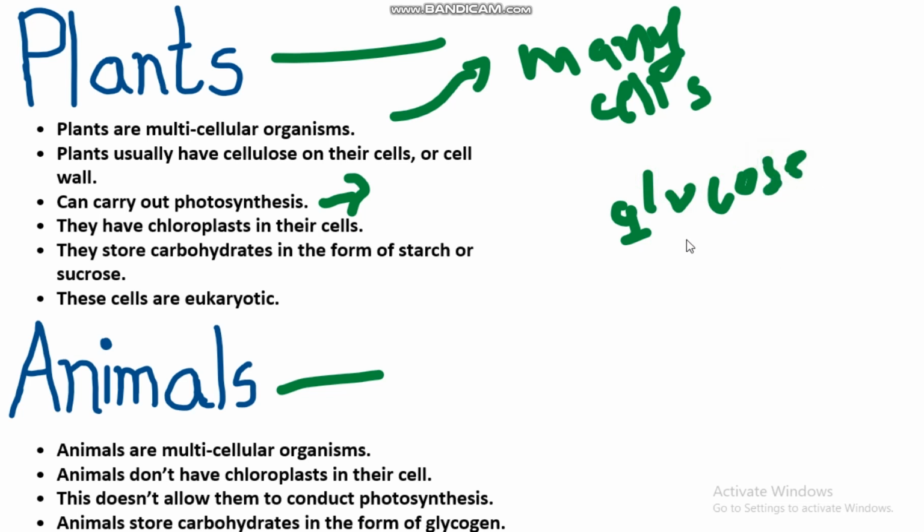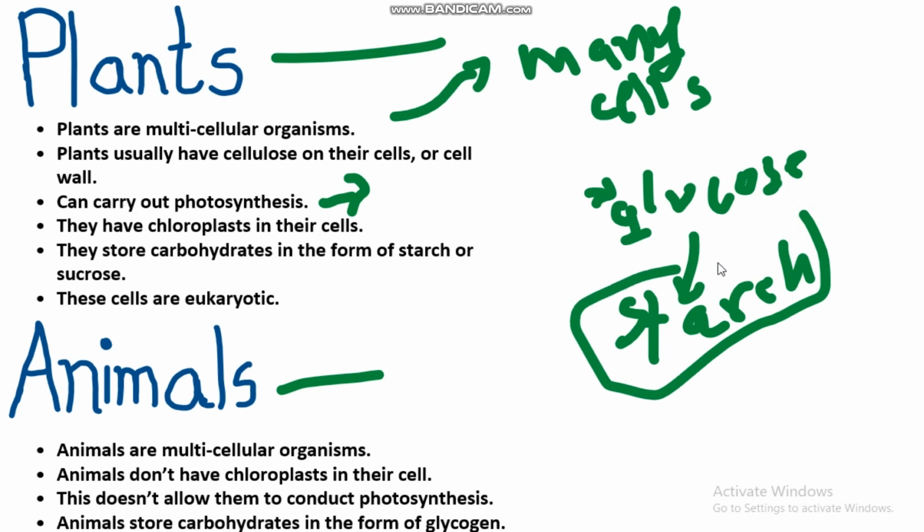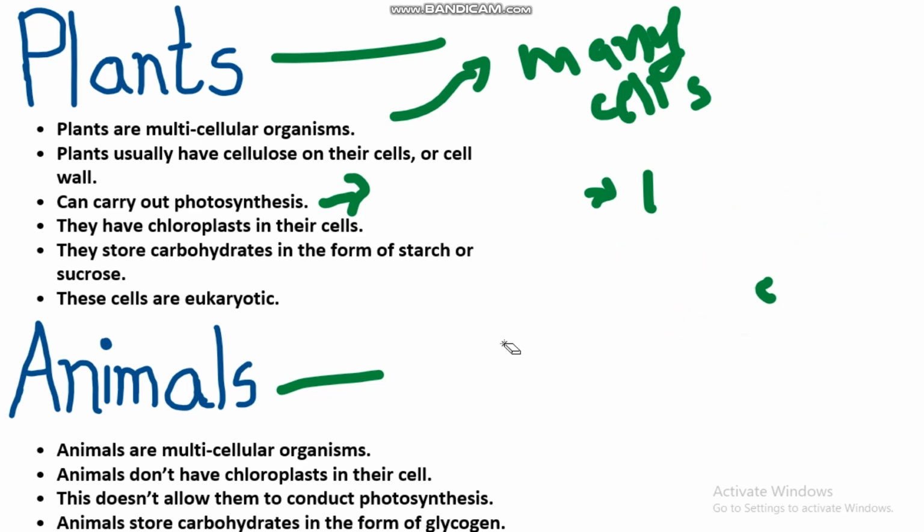They produce glucose and they store it because they require glucose later at night when they don't have sunlight to perform photosynthesis. They perform respiration, which uses glucose, and this glucose is usually stored in the form of starch in plants. This starch allows plants to break it down later and use it for respiration.